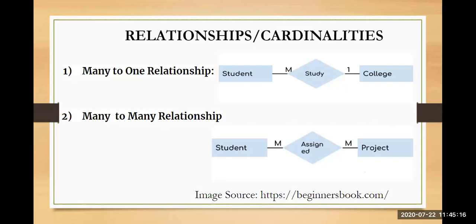A student can be assigned to many projects and a project can be assigned to many students. So that is your many to many relationship. These are your four relationships: one to one, one to many, many to one, and many to many. Let's move to the next.